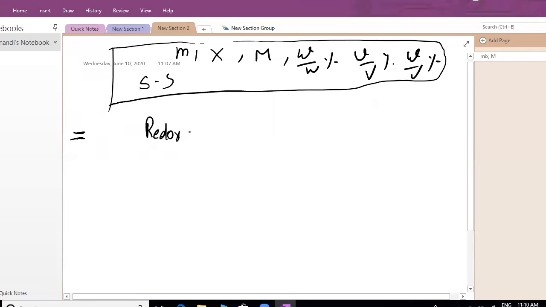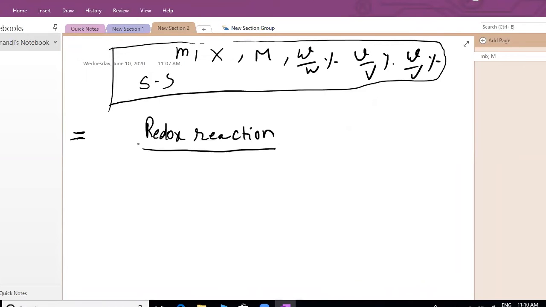Redox reaction. I am giving just the definition, sir.